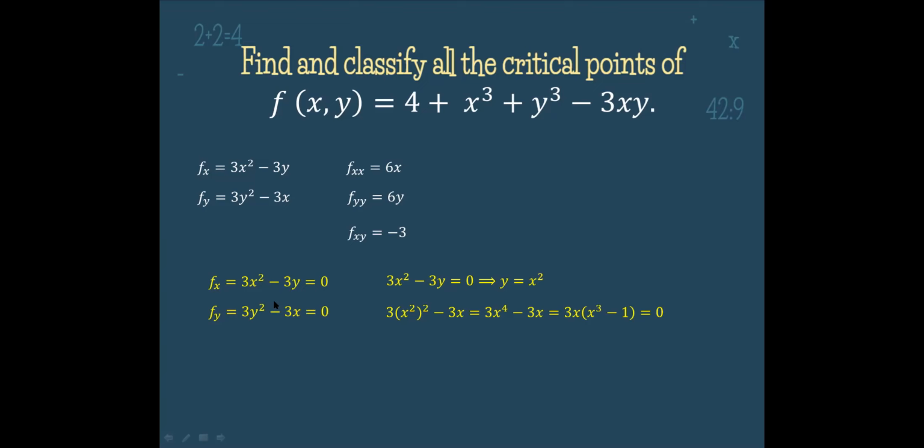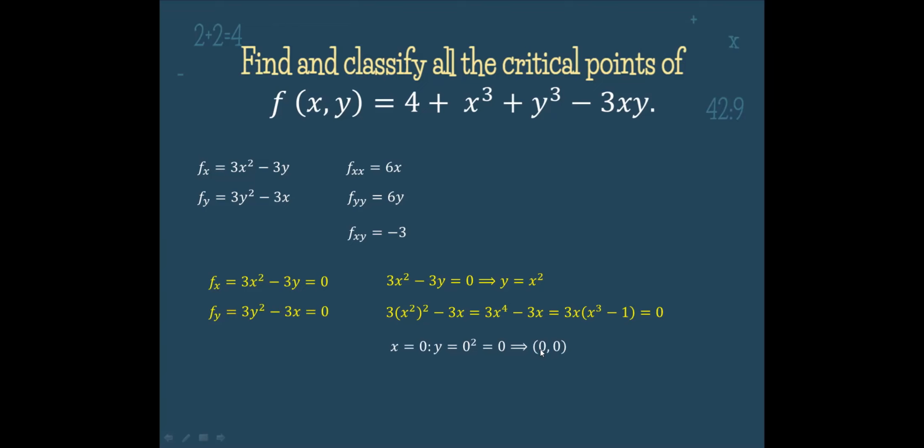Now we can use the fact that y is equal to x squared to get the critical points. When x is equal to 0, we replace 0 in our first equation, y is equal to x squared, so our y is 0.